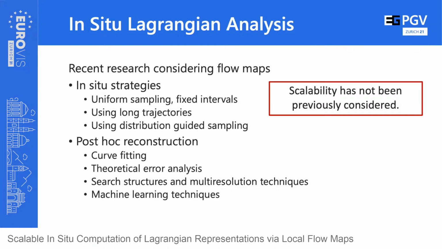And most recently, there has been work using machine learning to upsample FTLE visualizations generated by low-resolution flow maps. Overall, there has been progress in our understanding of the paradigm as a whole and how we can use it for analysis. In this talk, we will be focusing on the in situ phase and specifically scalability.